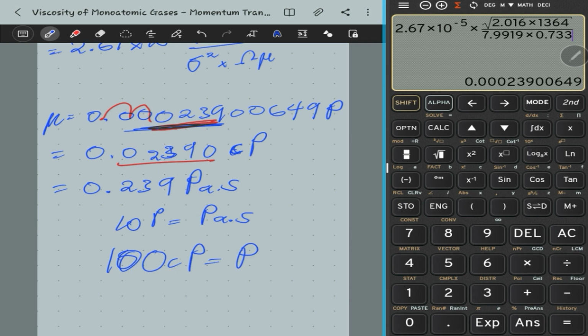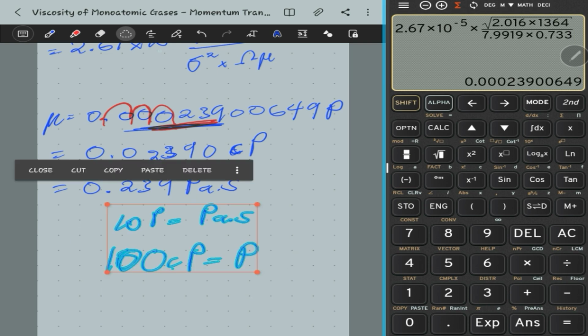So this 10 to the power minus 2 takes care of this. So if we are trying to convert this to the Pascal-second, you can do the conversion straightforward. This just introduces the Pascal-second, this just 10. So that will mean that we just have to divide through by an extra 10, right? So that's why we divide through by an extra 10. So that's it.